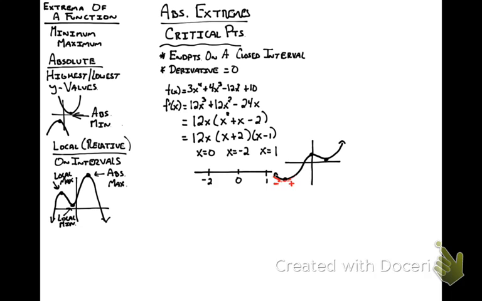Then at this local maximum, the tangent lines' slopes are positive. Here at the point, they would be 0, and then the tangent lines change and have a slope that's negative. So at the local maximum, the slopes of the tangent lines change from positive to negative.